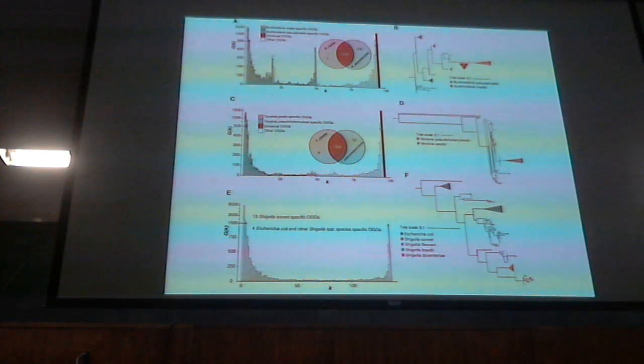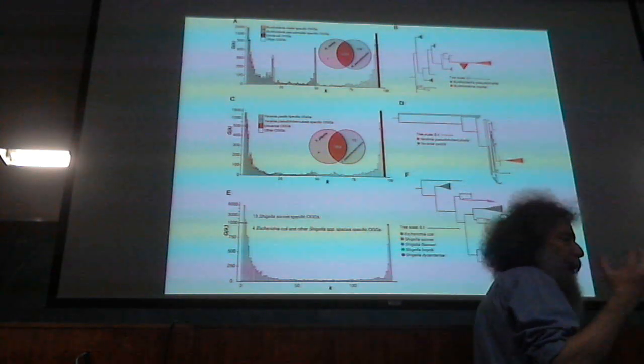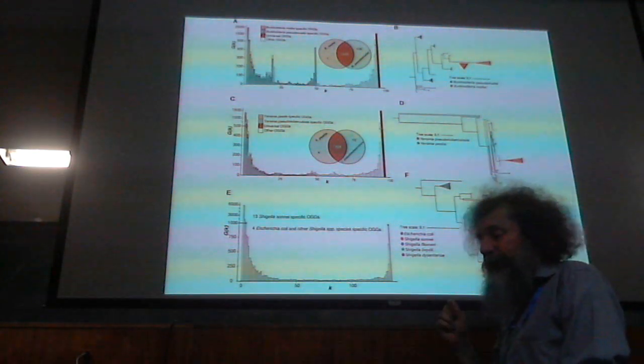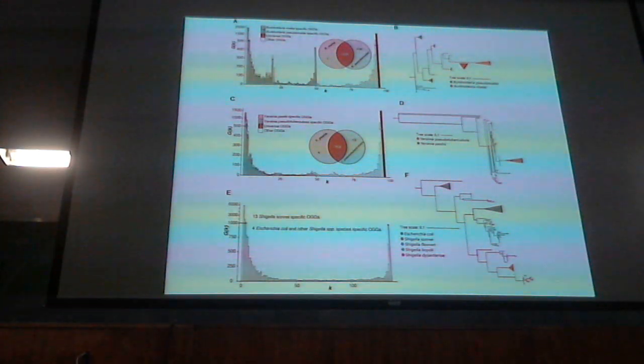Because we do expect that when something changes the lifestyle, it would evolve faster. And actually, gene gains and losses in bacteria and in prokaryotes at least is one of the fastest processes, one of the fastest evolutionary processes.